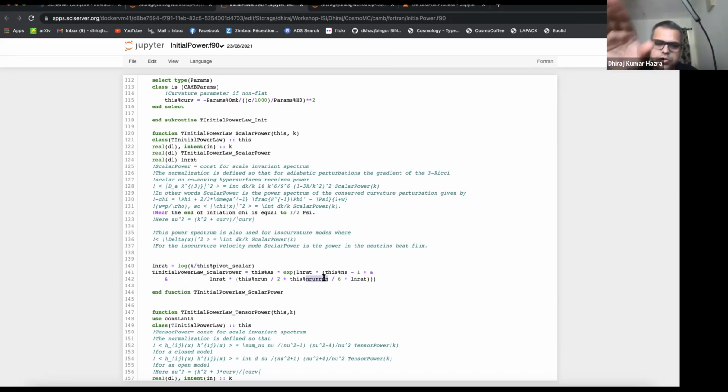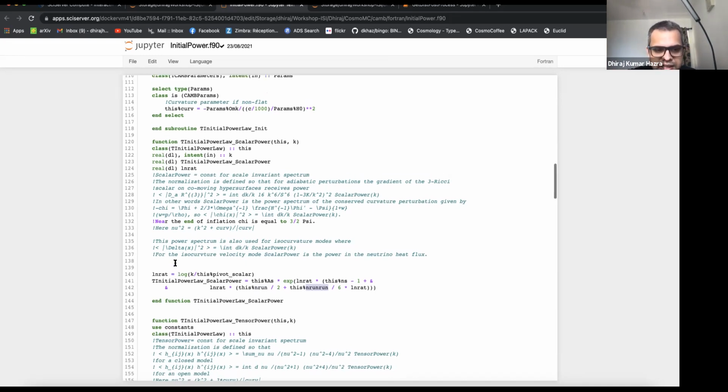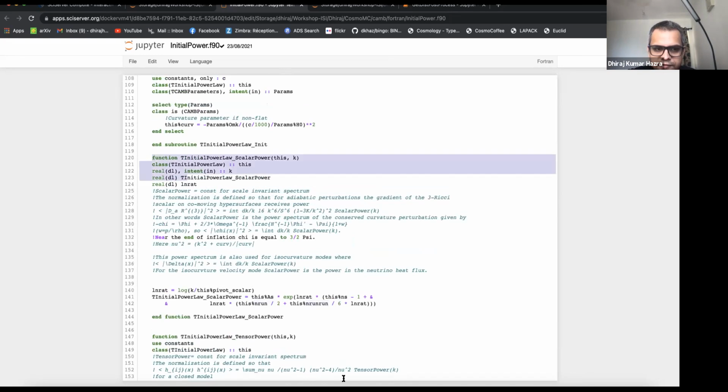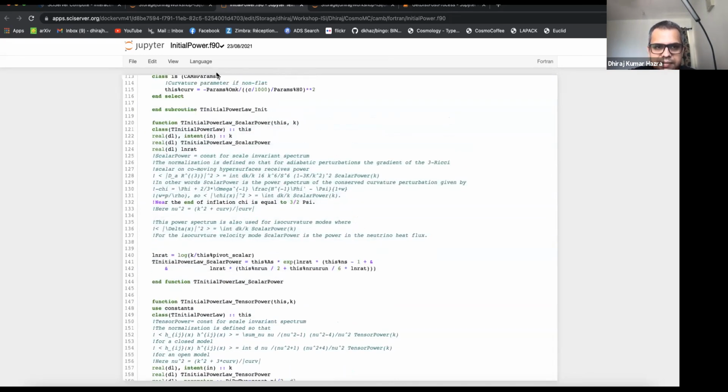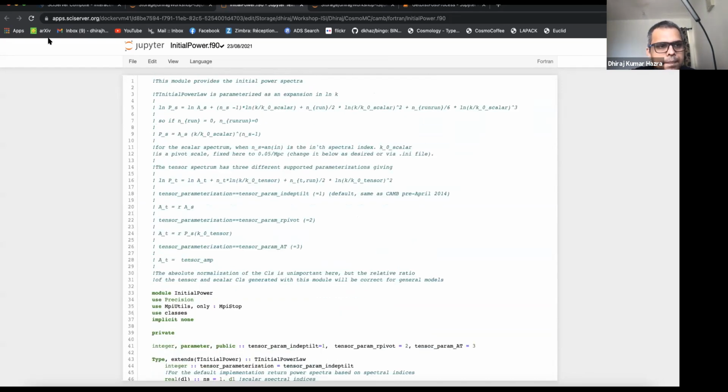So the running also changes with the cosmological scales. So this is as far as the power spectrum goes. The very simple function, if it is having a tilt, is k by k0 whole to the ns minus 1.